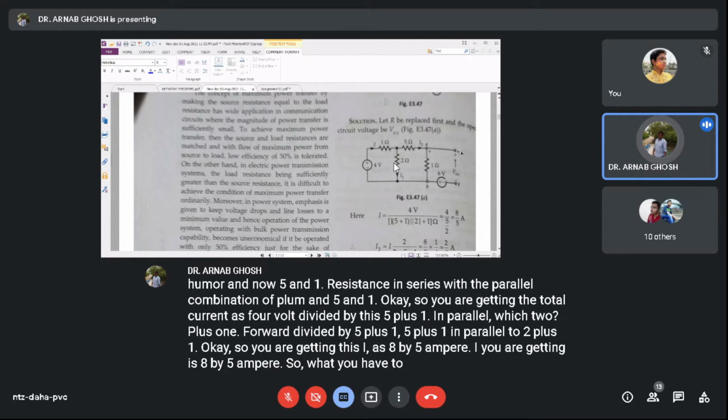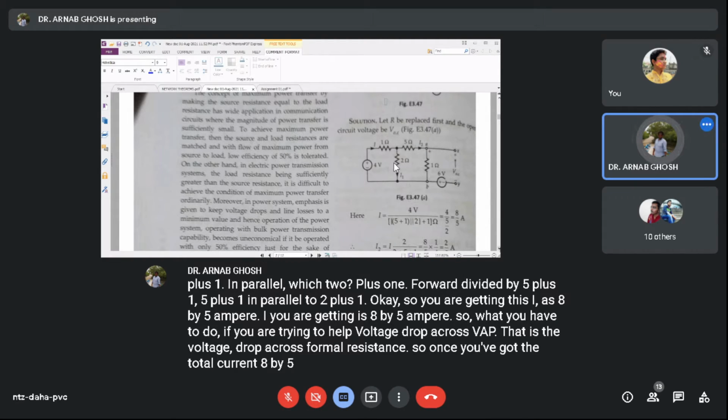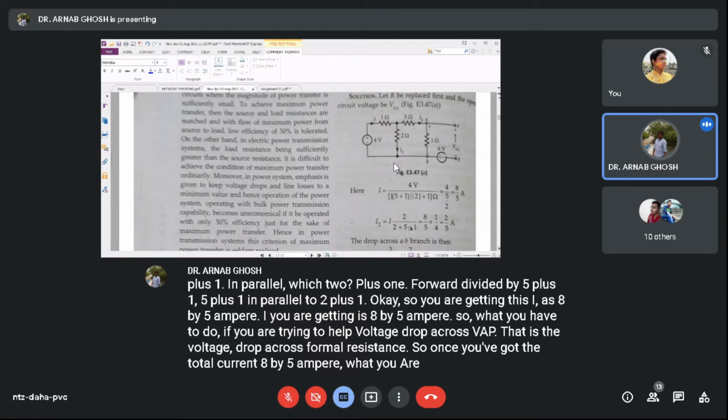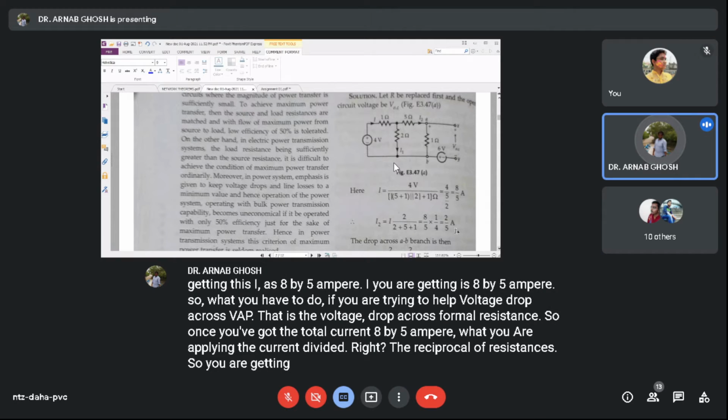So what you have to do, if you are trying to calculate the voltage drop across the 1 ohm resistance, once you have got the total current 8 by 5 ampere, you use the current divider rule, right? So reciprocal of resistances. So you are getting I2 as 2 by 5 ampere.